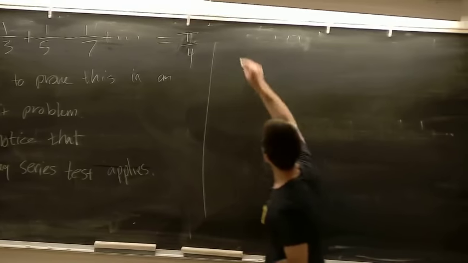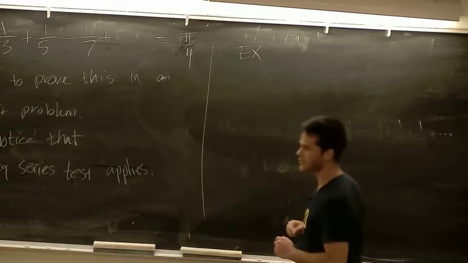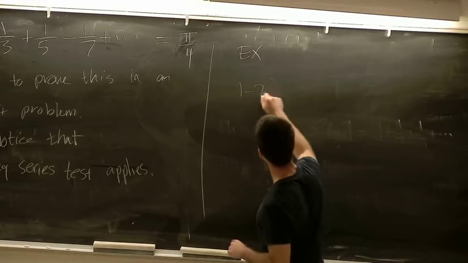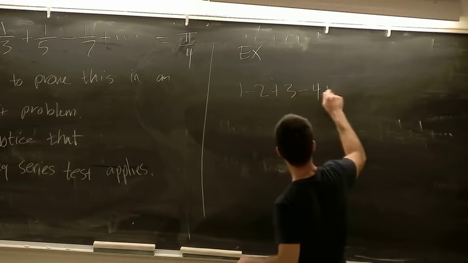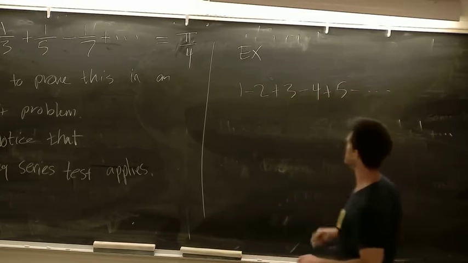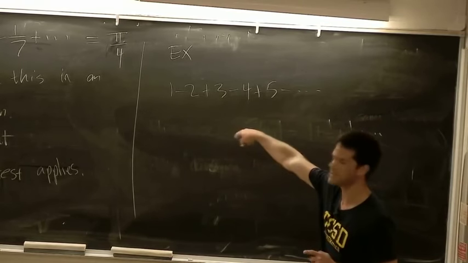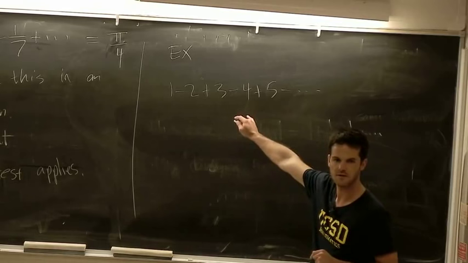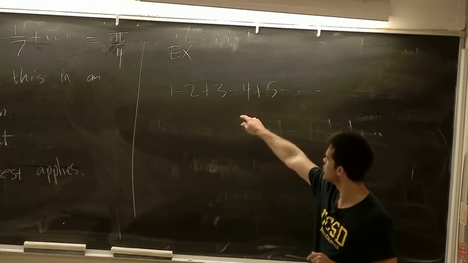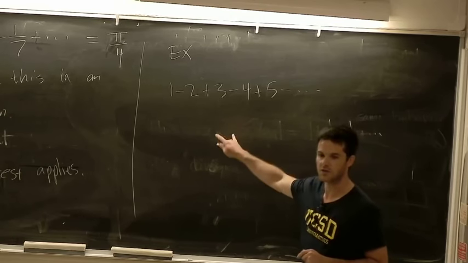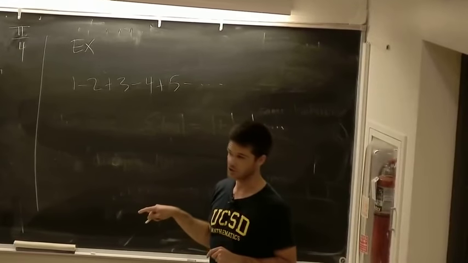Now, as another example, what about, say, 1 minus 2 plus 3 minus 4 plus 5, and so forth? How about this series? Can we do the alternating series test here? Oh, yeah. So this one does not converge.